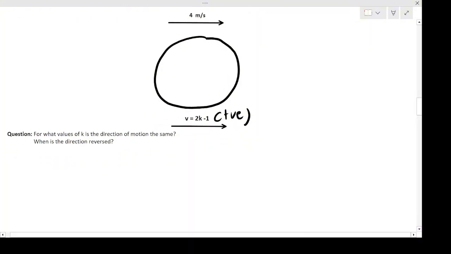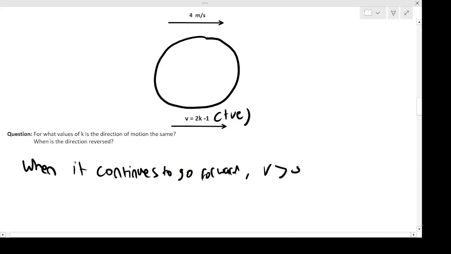So when it continues to go forward, that means we need to make this positive. So v has to be positive, greater than 0. Therefore, if we sub our expression in, 2k minus 1 has to be greater than 0.